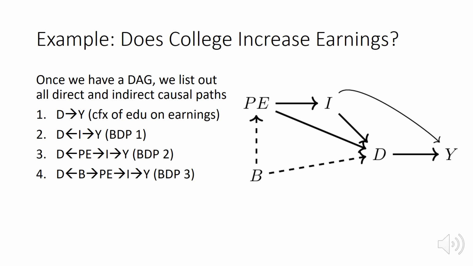We've got parents' education, which influences whether or not you're getting an education and also income and also earnings. And then we've got background factors, the backdoor path number 3, which influences whether or not you're getting an education, but also influences parents' education, which influences income, which influences future earnings.